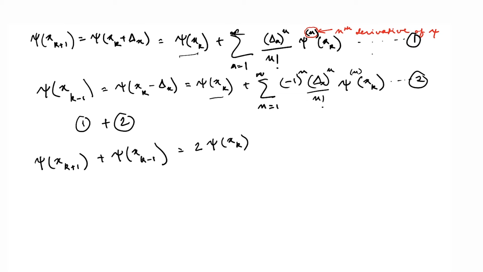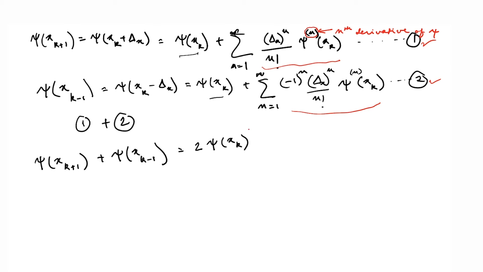The terms are the same; the only difference is for odd values of n. For example, for n equals 1, this term in the second equation will be negative, while the same term in the first equation will be positive, so it will cancel out. This will be true for all odd values of n. So, when I add up equation 1 and equation 2, those terms get cancelled, and we are left only with the terms with even values of n.